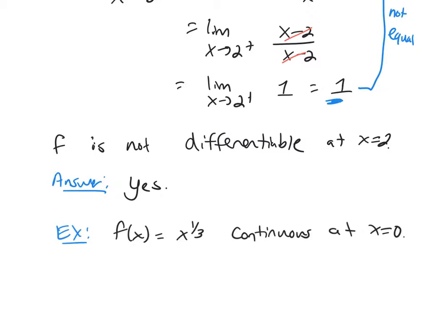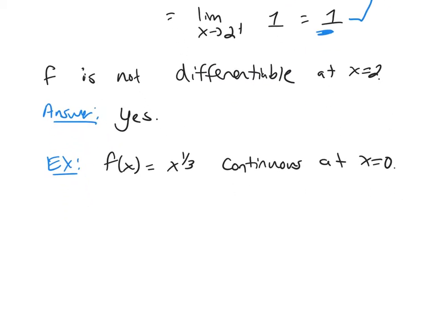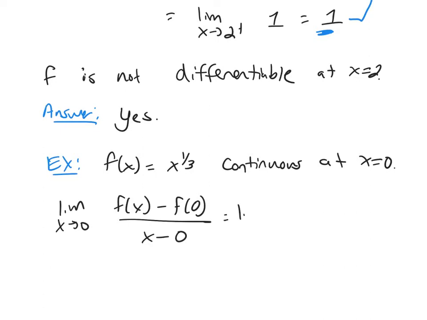And now let's see, is it differentiable? So let's take the limit as x goes to 0 of f of x minus f of 0 over x minus 0. Now let's plug in. You'll get x to the 1/3. f of 0 is just 0.